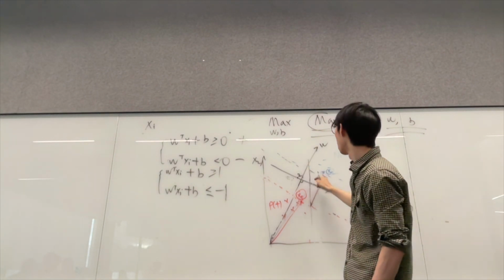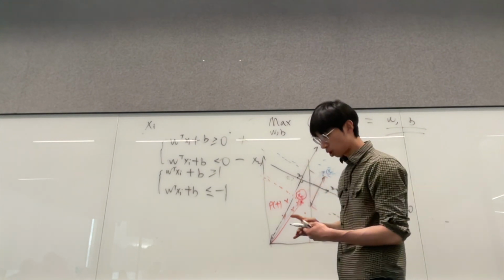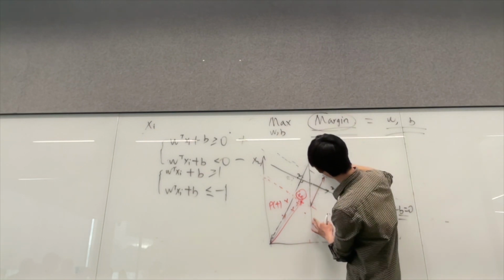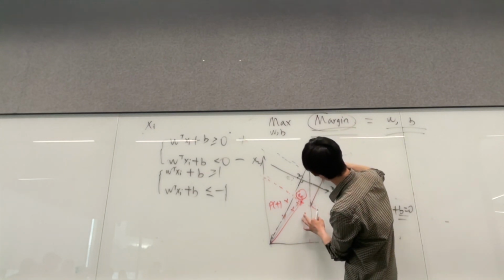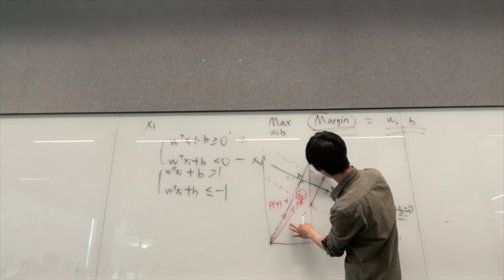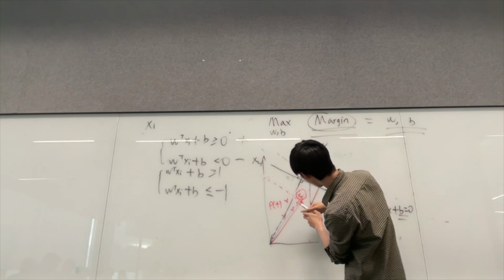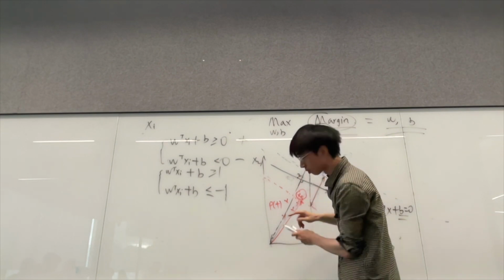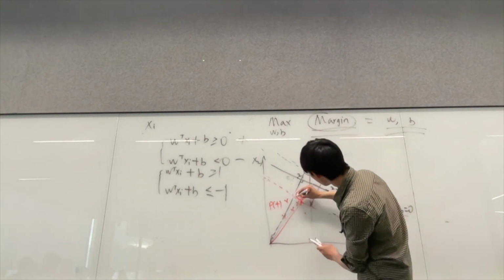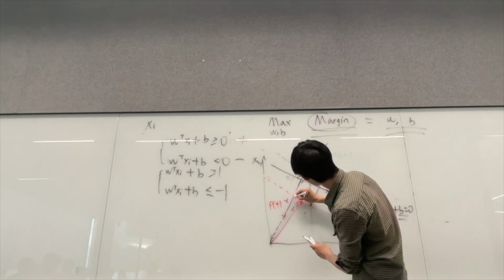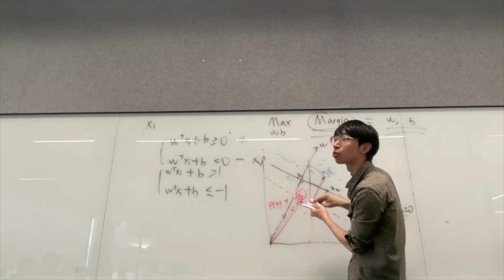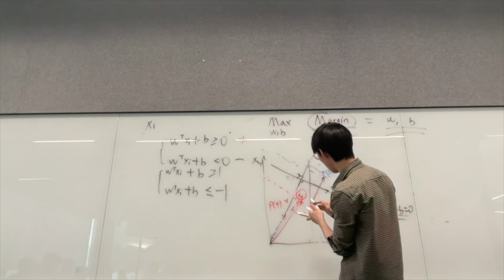That's true. So what you want to do is project this vector on this line first. Then you calculate the distance between these two, right? You're right.